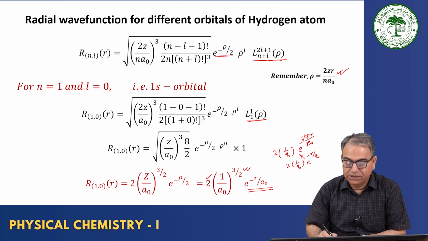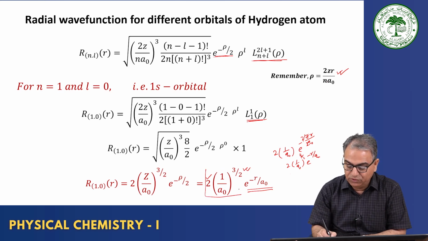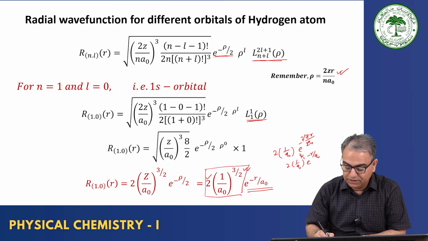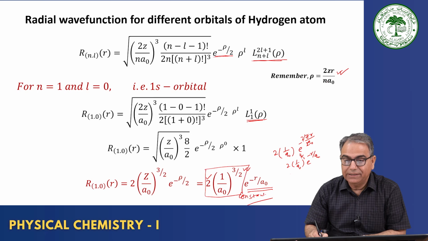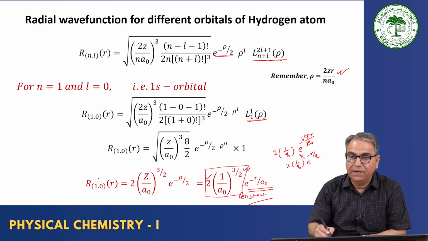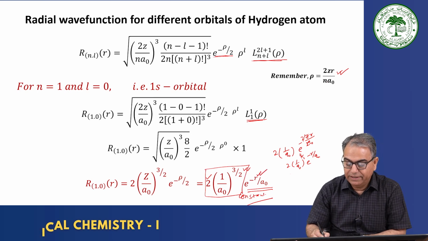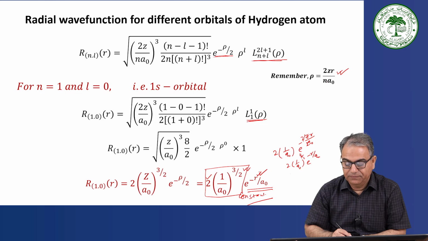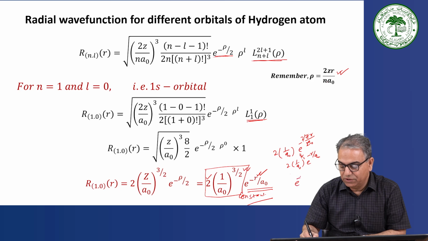So a0 is a constant. In every case, you will find that you have some constant. This is a constant, and then how the function depends upon r is given here. 1 over a0 will also be a constant, so the only function which tells you is exponential minus r.